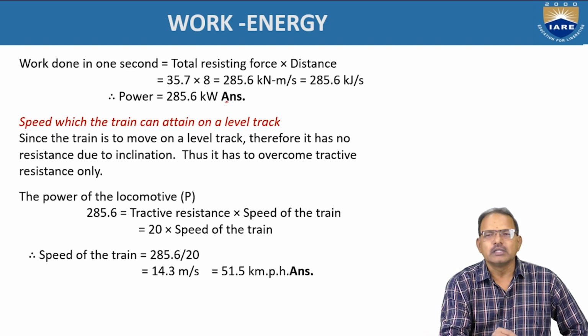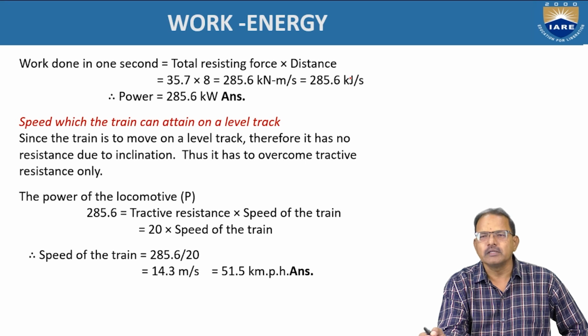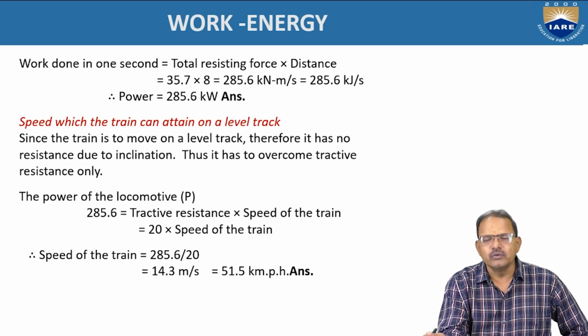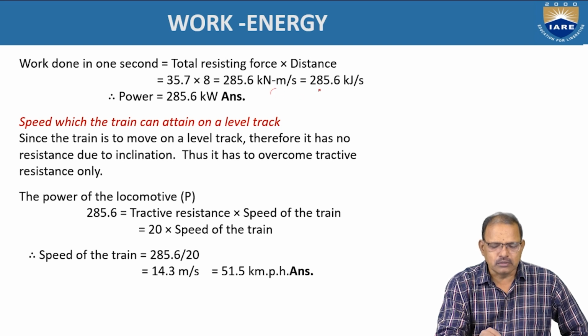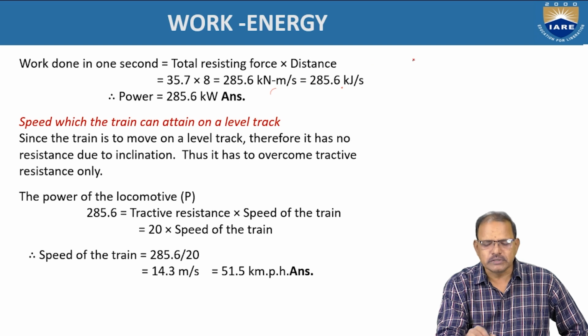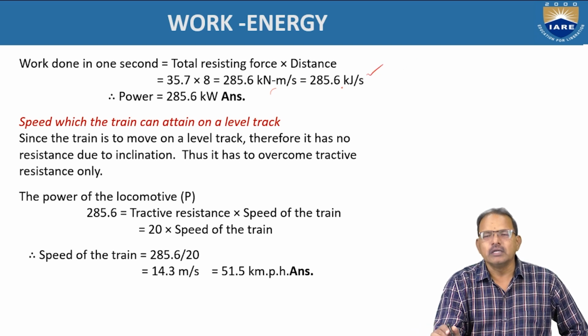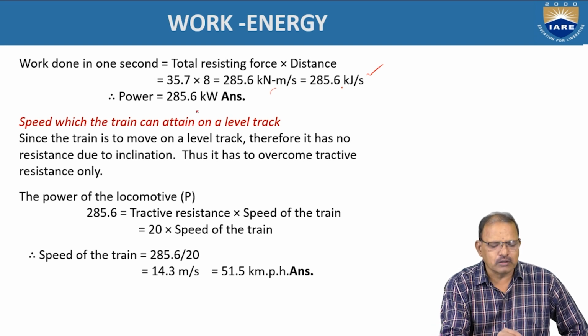It is equal to 35.7 into 8 meters per second, which is equal to 285.6 kilonewton meters per second, which is joules per second. So in terms of power, it is equal to 285.6 kilowatts now.